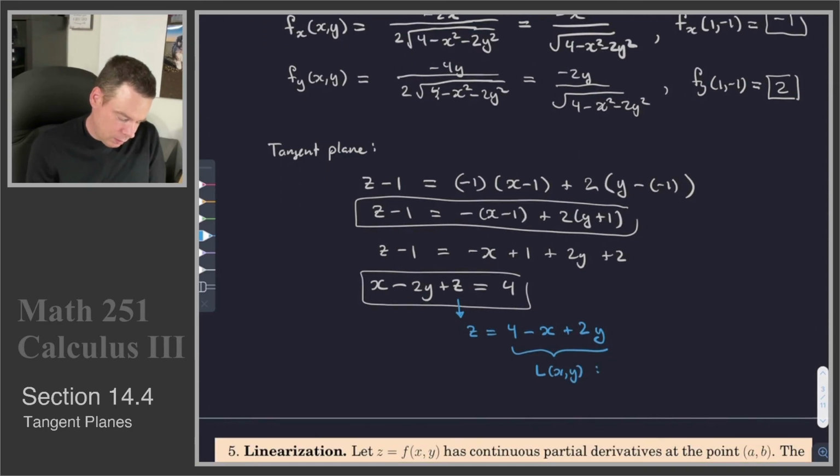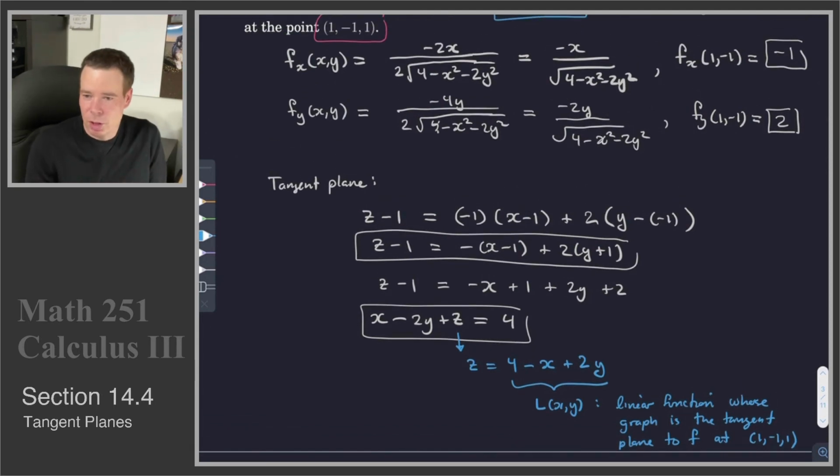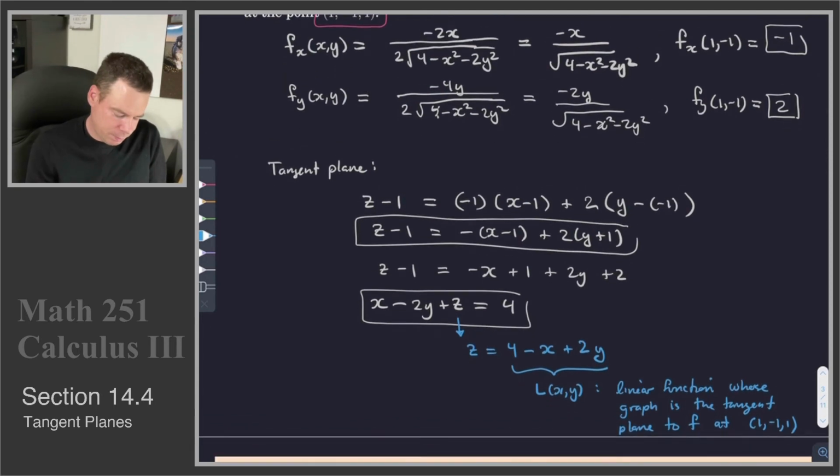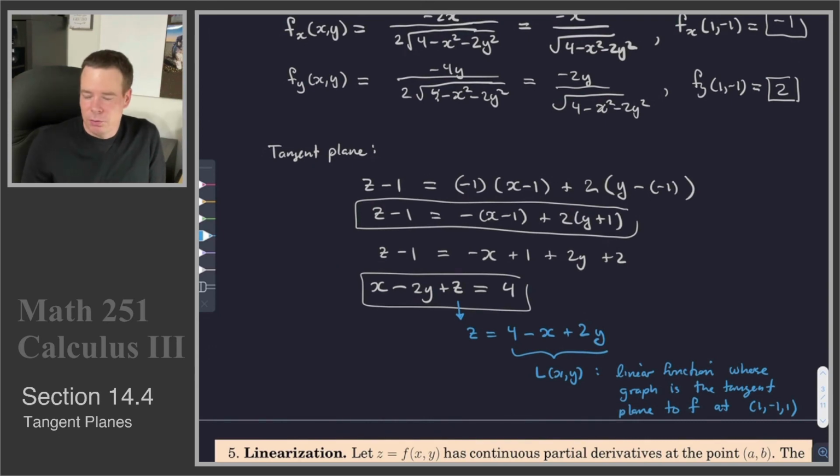It is a linear function whose graph is the tangent plane to f at the point in question, which was 1, negative 1, 1, as we can see at the top of the page. That was the point we constructed the tangent plane at. So we've just constructed a linear function whose graph is the tangent plane.